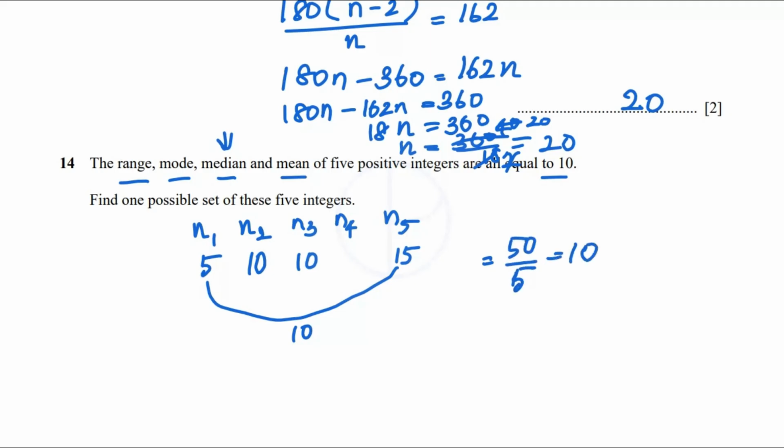Then only we'll get 10. So by adding these 5 numbers, we need to get 50. So 15, 25, then 40. So then this is also 10. Then only we will get 50.